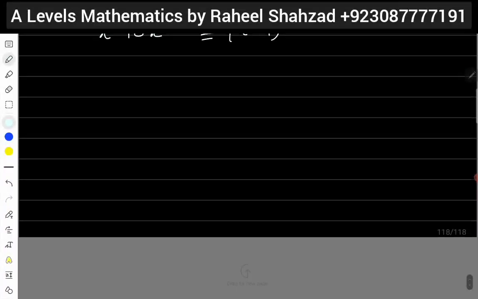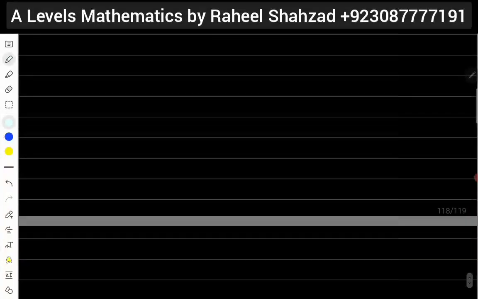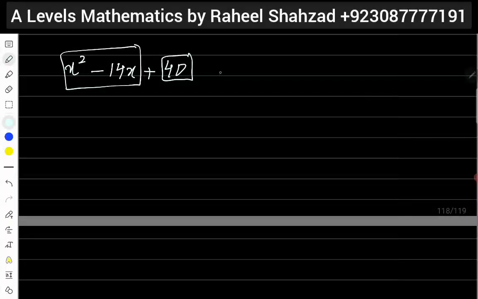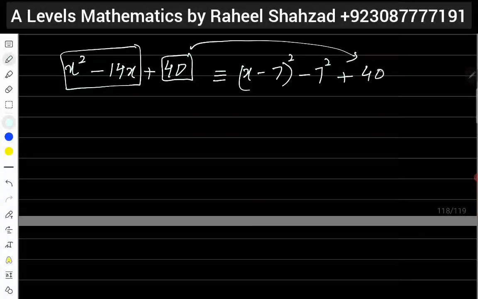Okay, now for example, we have another number with it. May it be x square minus 14x plus 40, for example. Now this 40 will be coming along, and this is the main thing that you need to consider. x square minus 14x, so you can write x minus 7 whole square minus 7 square, plus this 40 will be coming along.